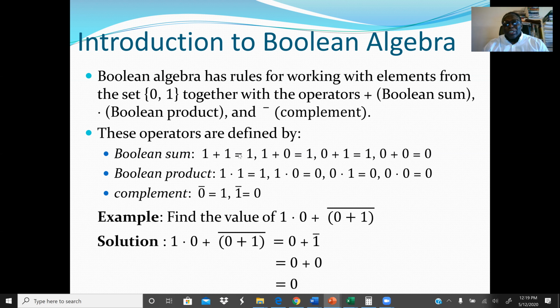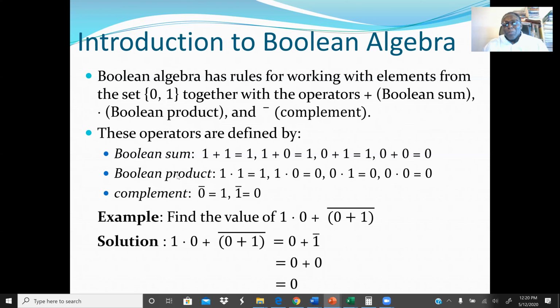There's no digit 2 in the Boolean numbering system, or we use the term binary numbering system. So 1 plus 1 is 1, and also 1 plus 0 is 1, and 0 plus 1 is still 1. Then 0 plus 0 is 0. In a Boolean product, we say 1 times 1 is 1, but 1 times 0 is 0. 0 times 1 also is 0. 0 times 0 is also 0.